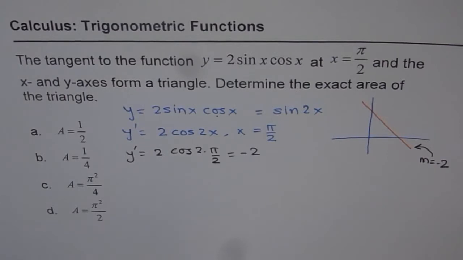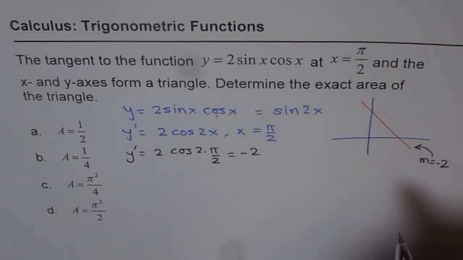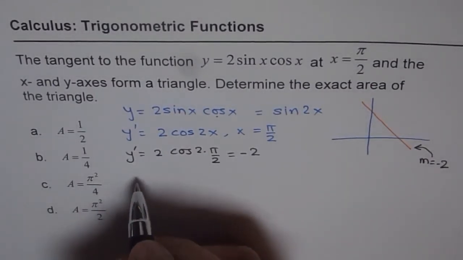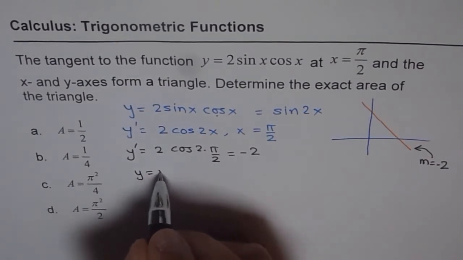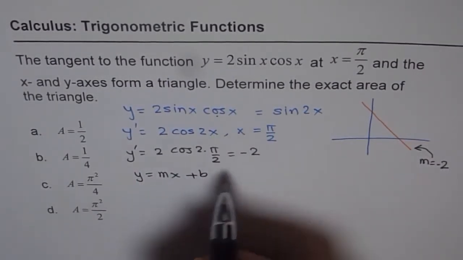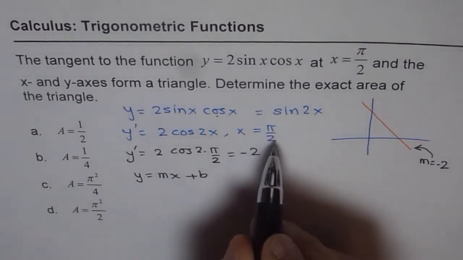Okay. Now what we need to find is the x and y intercepts. For that, we can first find the equation of the tangent line in the form y equals mx plus b. So we know the slope is minus 2. We need the y and x values. The x value is given to us as pi by 2.